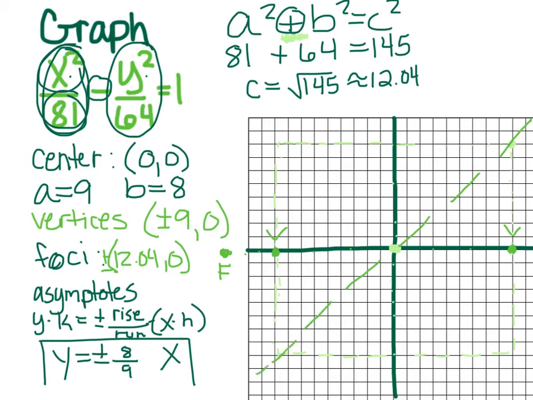The asymptotes are required to be drawn into the graph. Ooh, that was crooked. All right, so we've got our vertices, our foci, and our asymptotes. Those are the 3 required parts. And then all you have to do is put your pen or pencil on the vertex and approach your asymptotes with a curve, and you're done. Just don't forget to actually draw the curve.